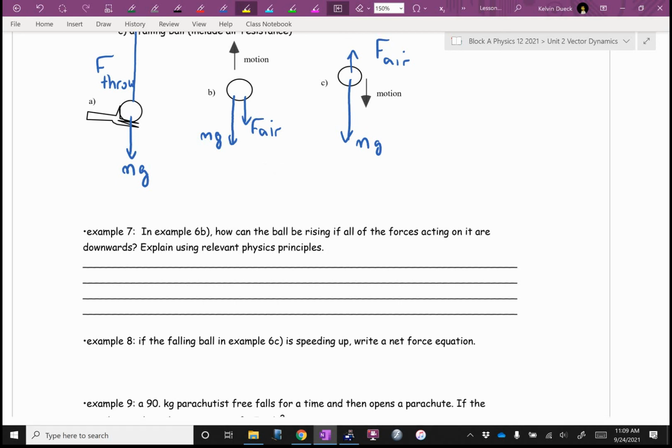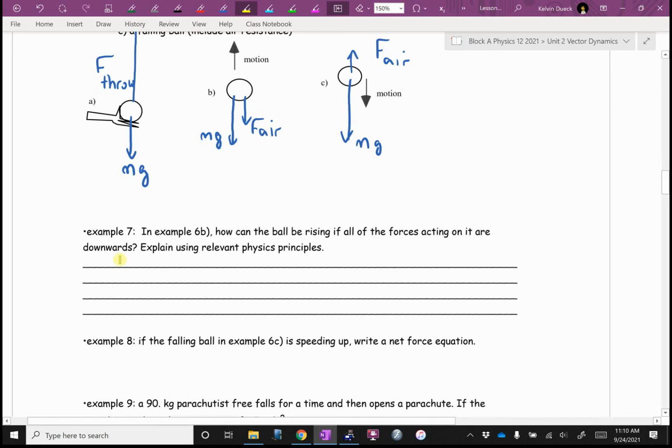Sorry? Slowing down, and this is the key. We need to realize velocity and acceleration are two different things, and they don't have to be in the same direction. Eventually, if you accelerate long enough, your velocity and your acceleration will match direction. Because in this case, it's slowing down, comes to a stop, and then starts to point down and move down.